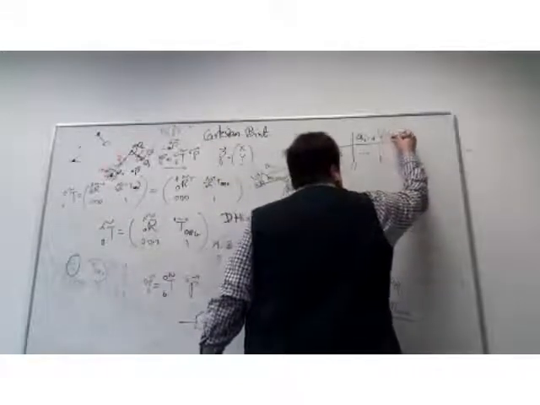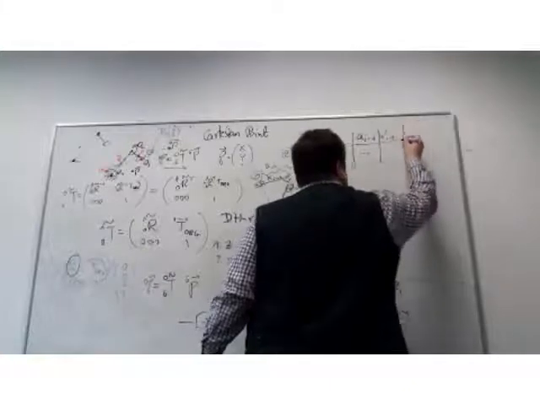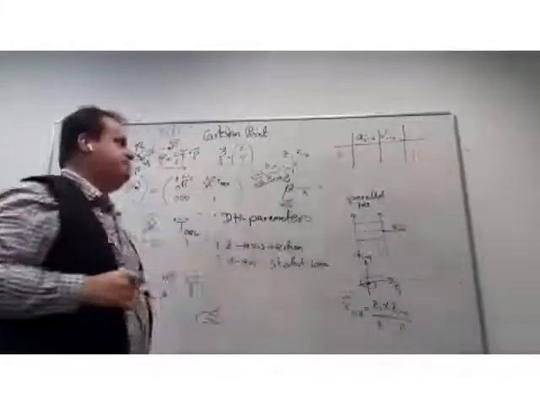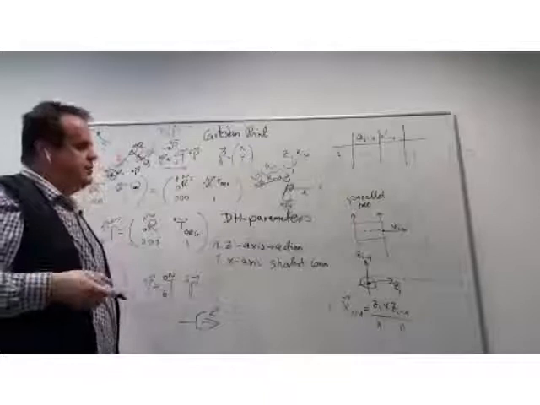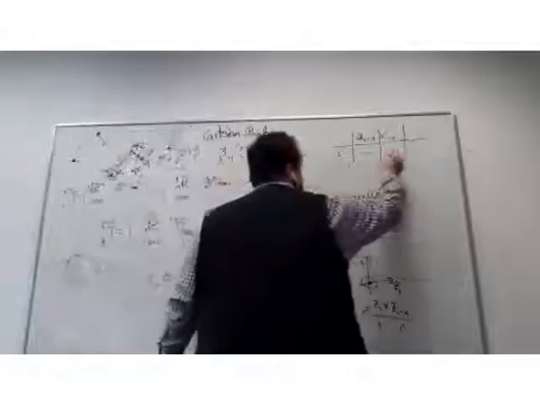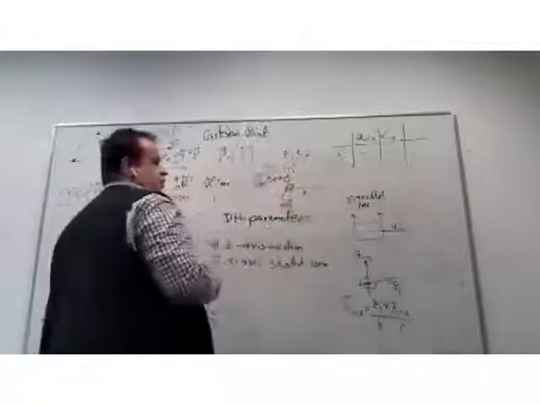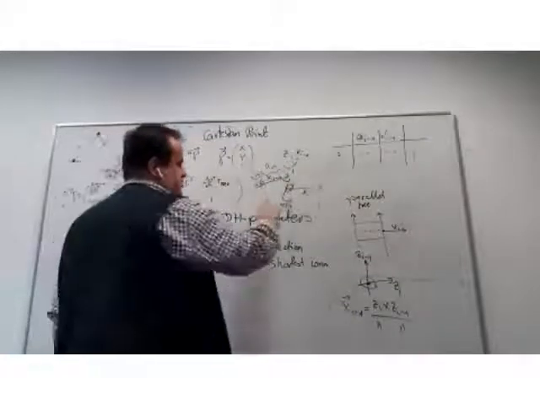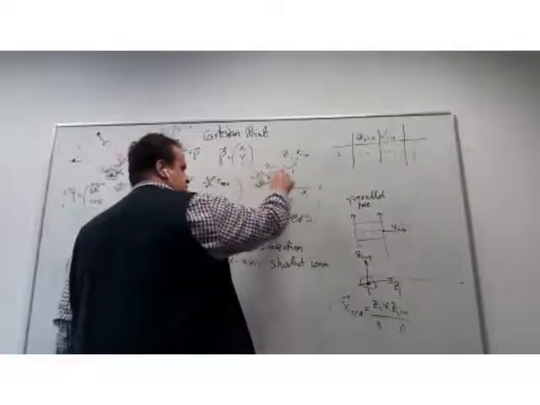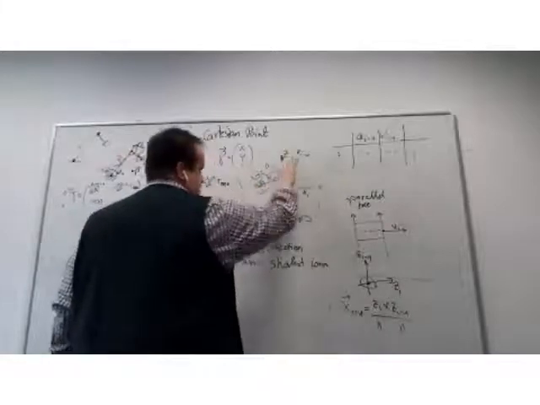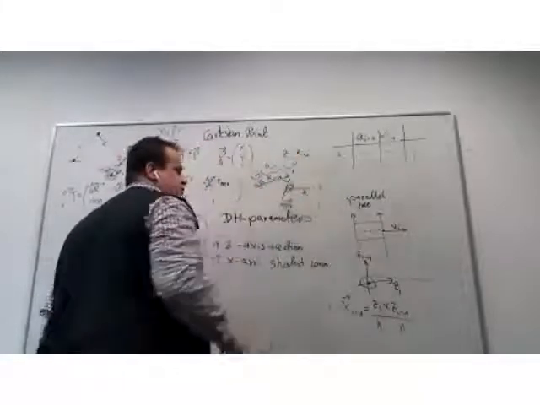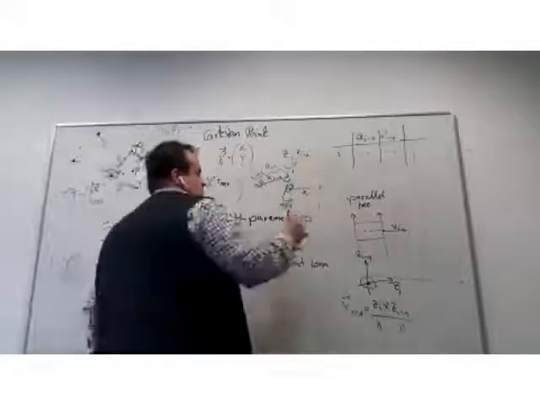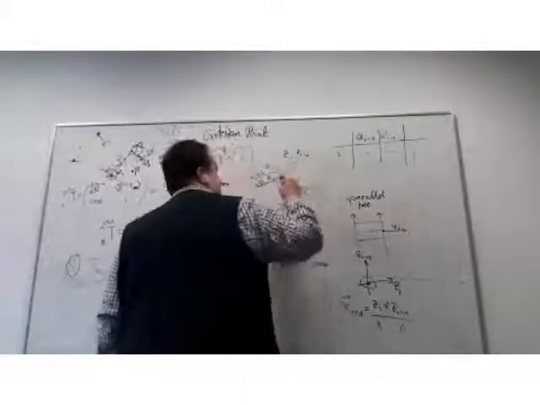So alpha i minus 1 is the angle around which I need to rotate my coordinate frame to end up in the new one. So now I travel from here to here and change my representation to the new coordinate frame.